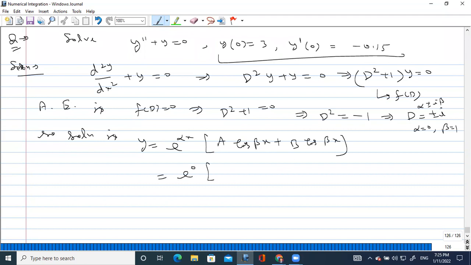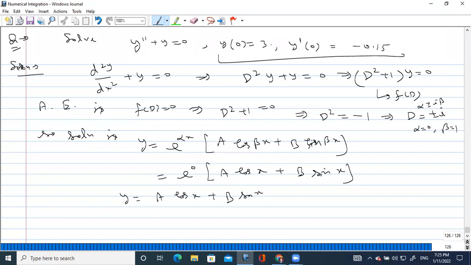So e to the power 0, a cos 1 x plus b, sorry, it is sin, b sin x. So this is the answer if boundary conditions are not given.